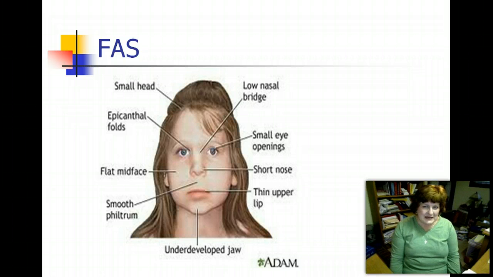So again, there's no magic test that can be done for fetal alcohol syndrome. It's usually made on the basis of having a certain number of the physical characteristics, but then also pairing it with the developmental delays that we will also identify through working with the child and family, and usually the school screening system.